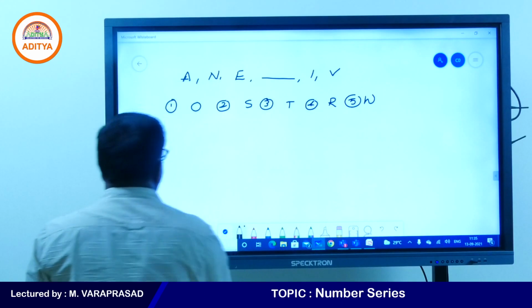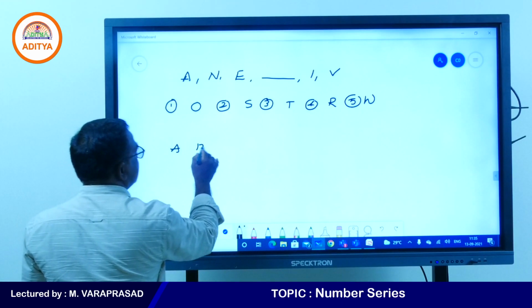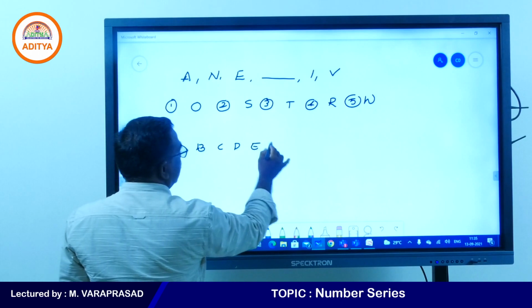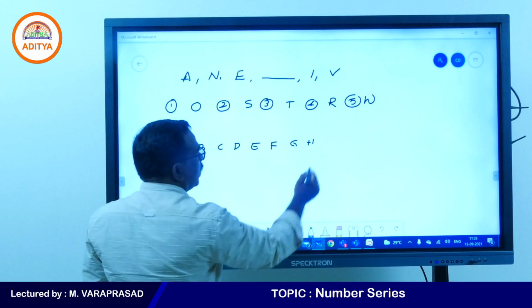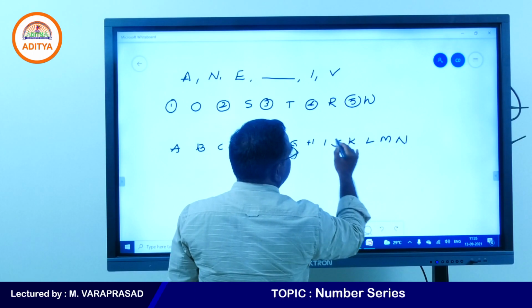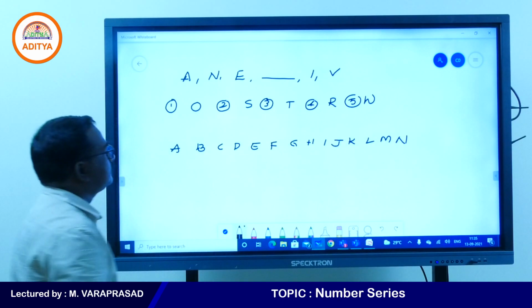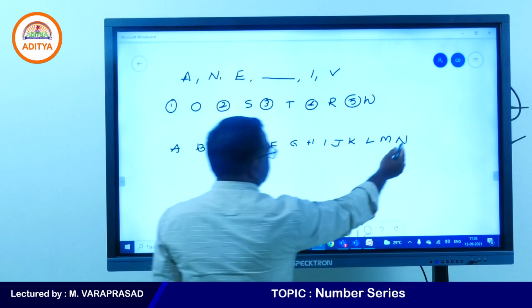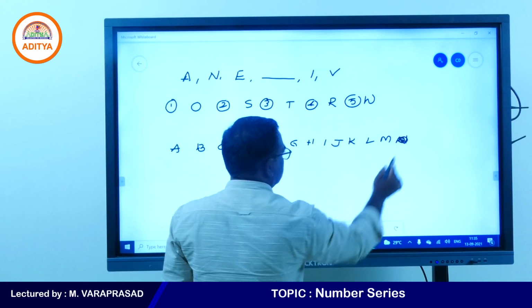See once here, if you take the alphabets A, B, C, D, E, F, G, H, I, J, K, L, M, 13 letters here.